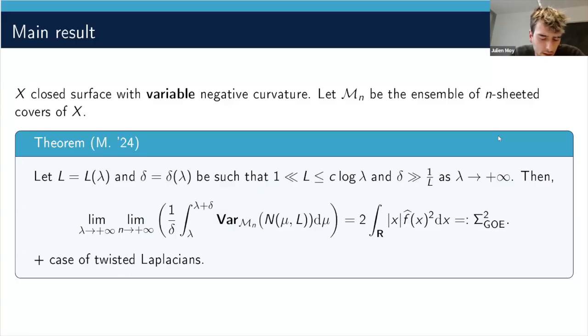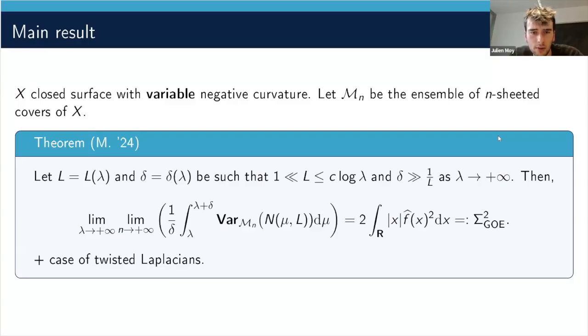Essentially, this is due to the fact that we use some semi-classical approximation. I mean, we approximate quantum dynamics by classical dynamics, and this usually works up to what is called the Ehrenfest time in quantum chaos, and this is something logarithmic in the frequency.